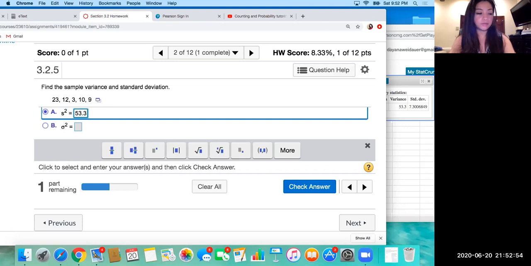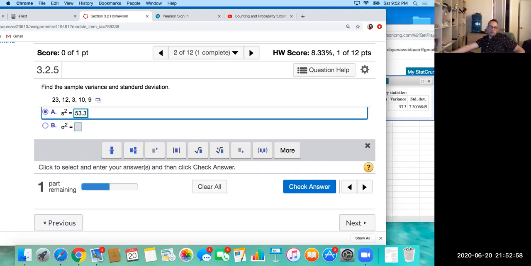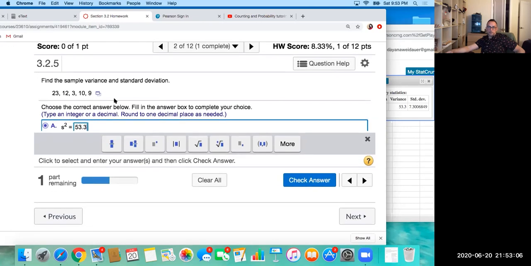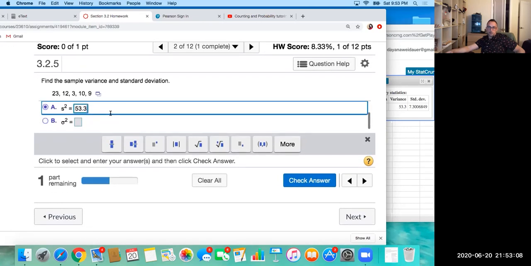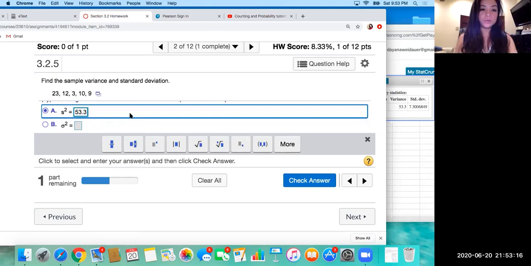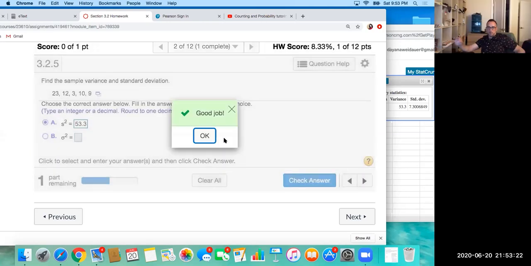That would be called the sample variance, because it's S. Okay. We're done for this one. It's either A or B. You just pick one. Okay, I think I get it now. Thank you.